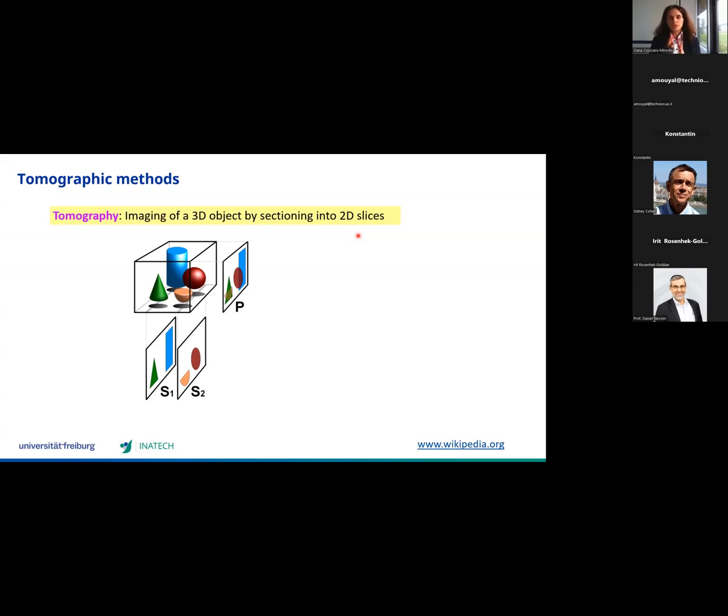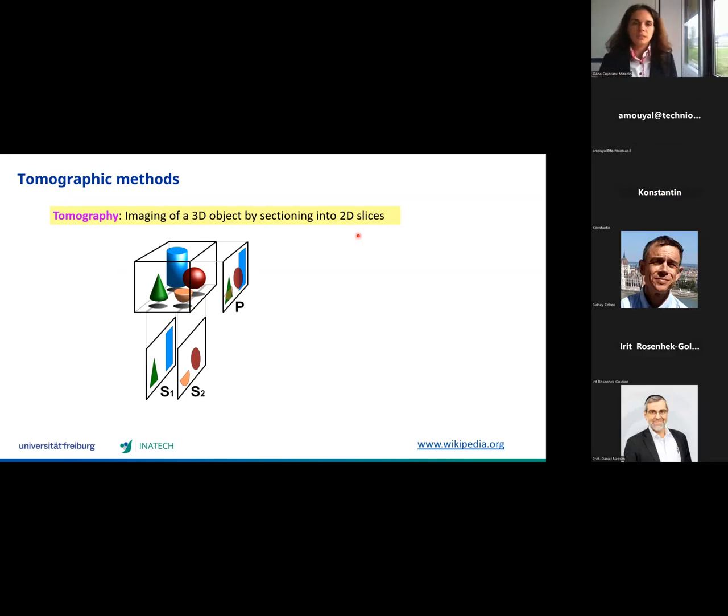It's a position-sensitive detector. So basically, we get 2D planes for successive times. And then if we reconstruct and recombine all these 2D slices, then we get a 3D object. And this is all about atom probe tomography.